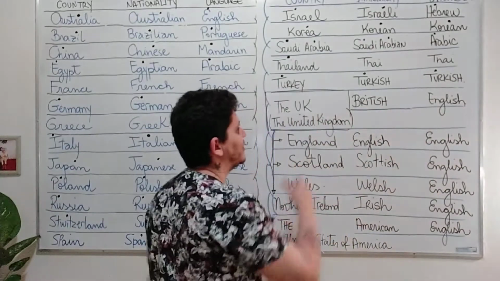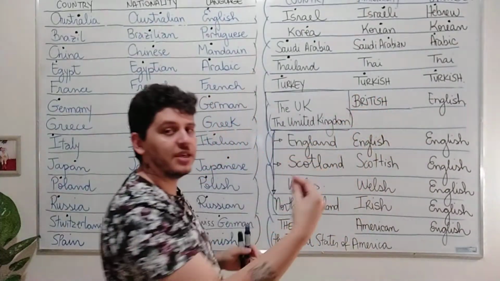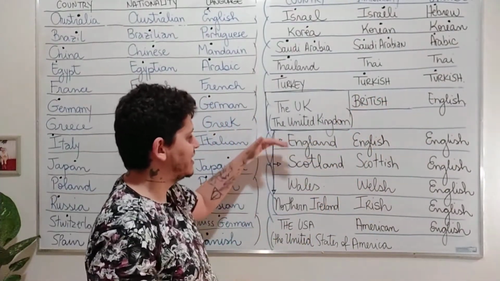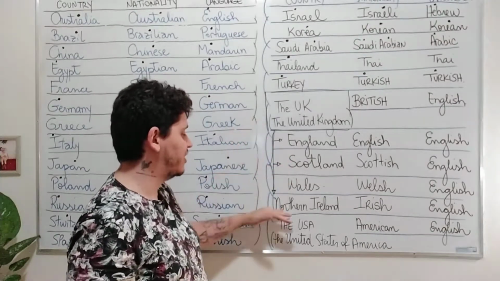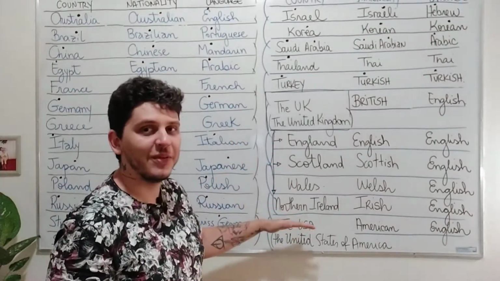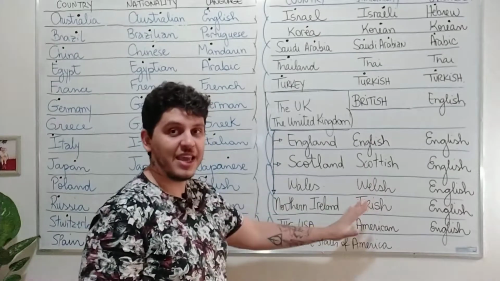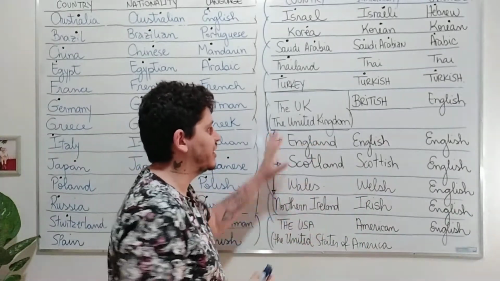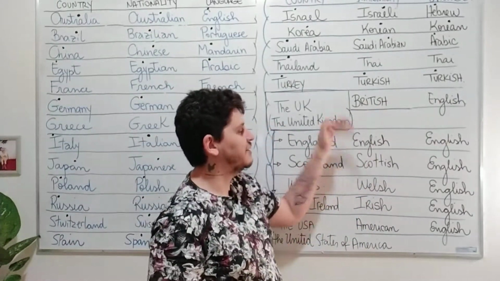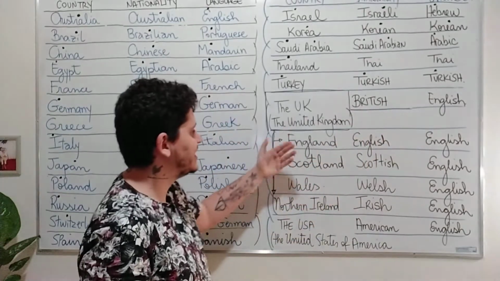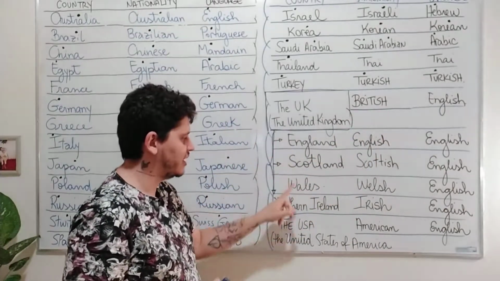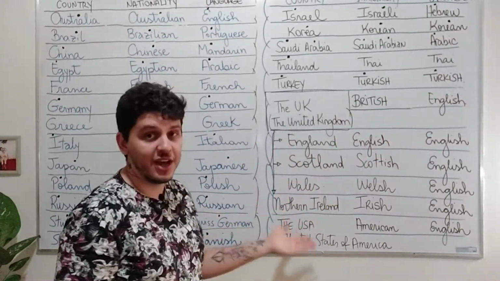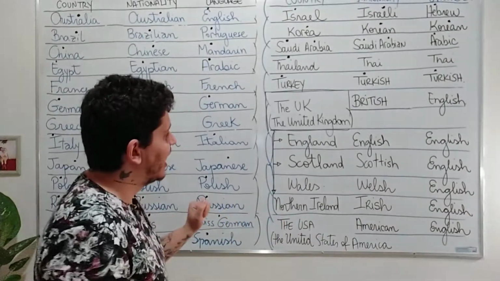But here, when we say British, we are thinking about people from England, Scotland, Wales, or Northern Ireland. Okay? We are not specifying any country. We are saying that if someone is British, this person can be from England, from Scotland, from Wales, or from Northern Ireland. Right?